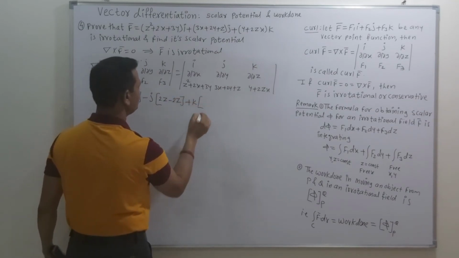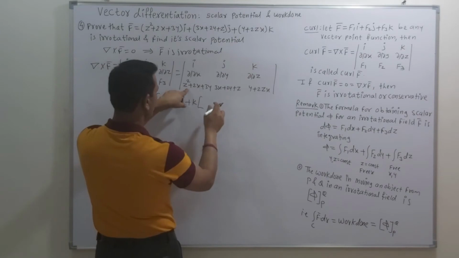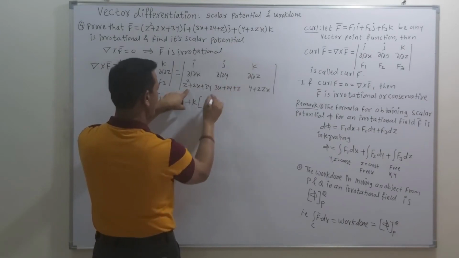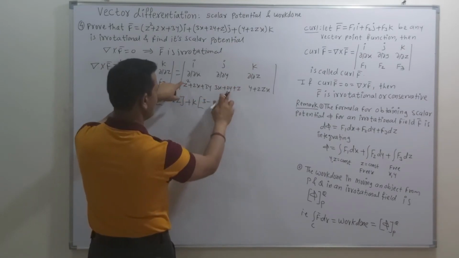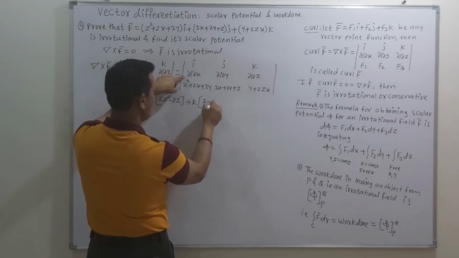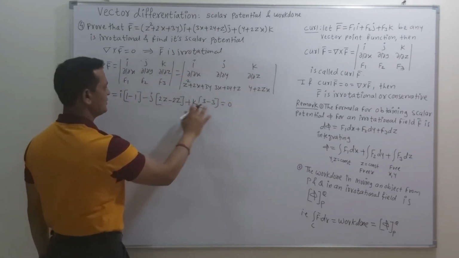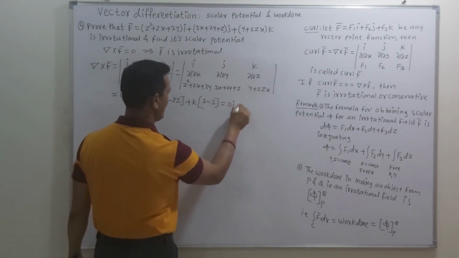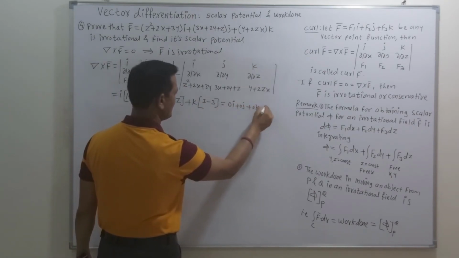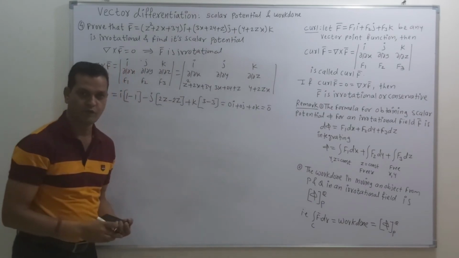Plus k times the derivative of this term with respect to y, which is 3, minus the derivative of this term with respect to x, which is 3. That means 1 minus 1 is 0, this term is 0, and this is also 0. That means 0i plus 0j plus 0k, so this is the zero vector.